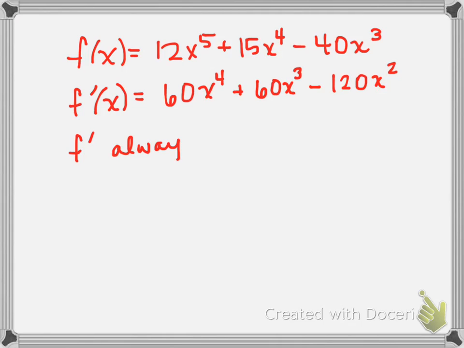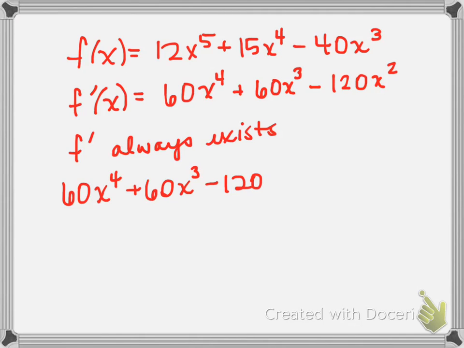Its domain is all real numbers. So I don't have to worry about that piece, but I did need to consider it. And now I want to find all values where the first derivative equals 0. So I want to set 60x to the fourth plus 60x cubed minus 120x squared equal to 0.